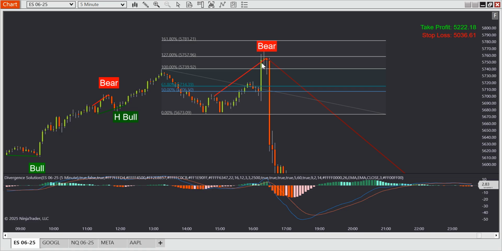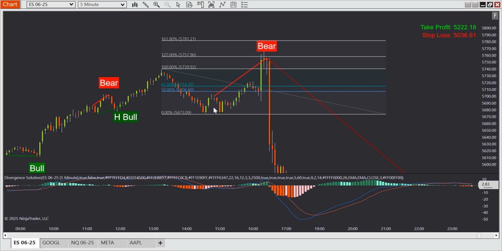When we see divergence happening in this top zone between the 127 and the 161.8, that to me is a zone that, if I'm expecting bearishness in this scenario, should hold. If I ever see price break above the 161.8, that obviously means the zone isn't going to hold, and you should expect more bullishness.